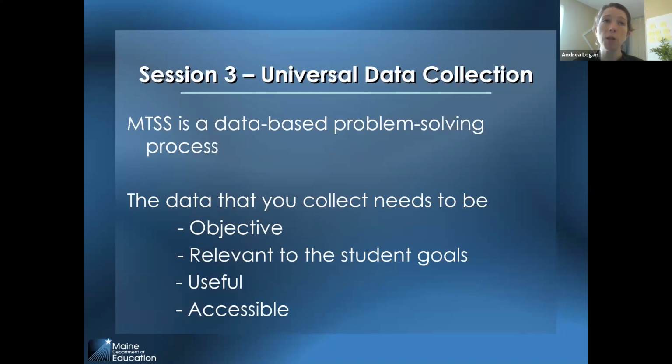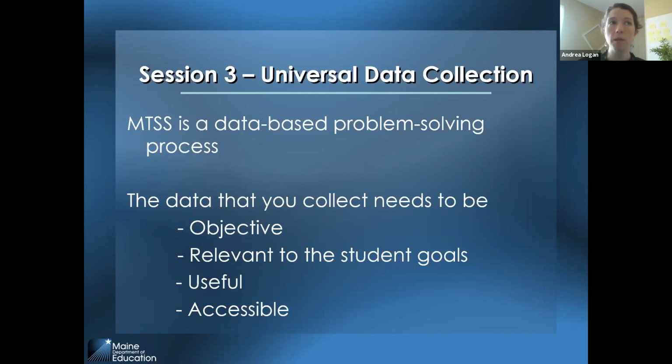But there are a few best practices when it comes to universal data collection that I think are important to mention and that you can play a vital role in as you get back to your schools in the fall, and even if you're supporting kids remotely.